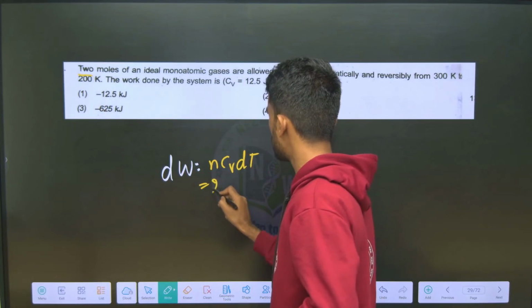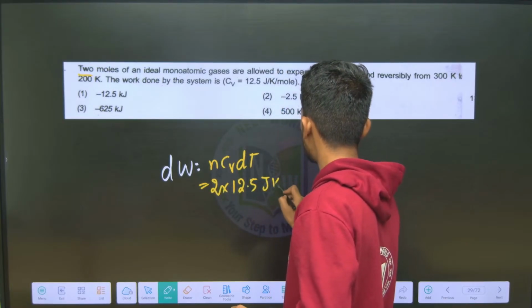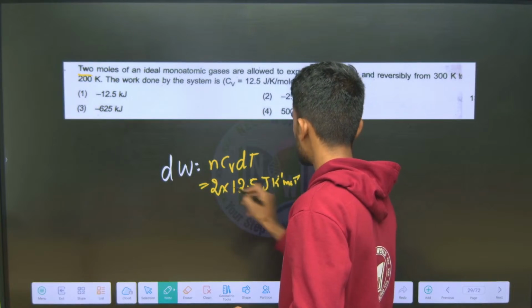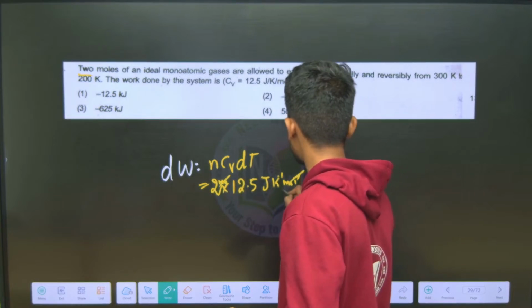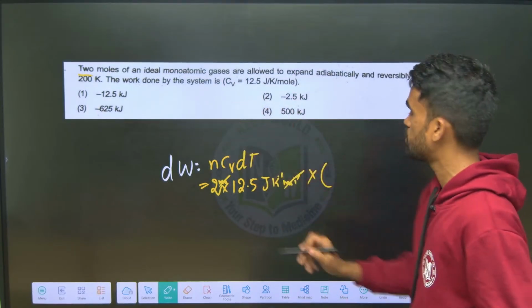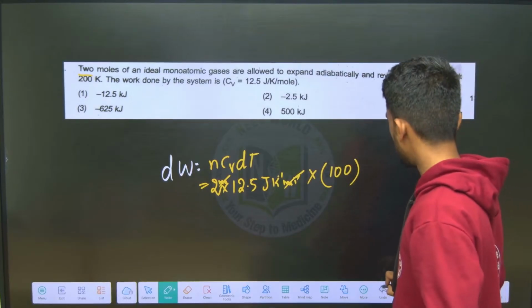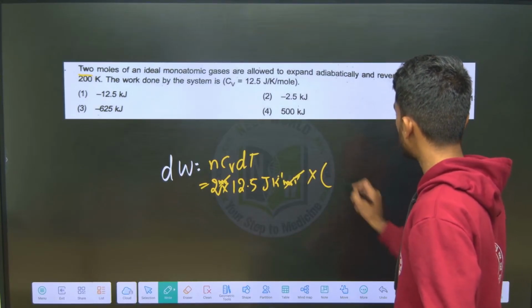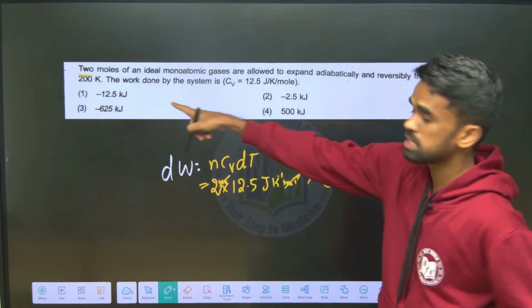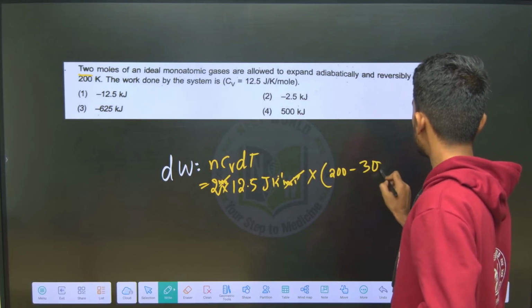So 2 into 12.5 joule per Kelvin per mole, the mole inverse cancels. And the temperature difference is T2 minus T1, where T2 is 200 minus T1 of 300.